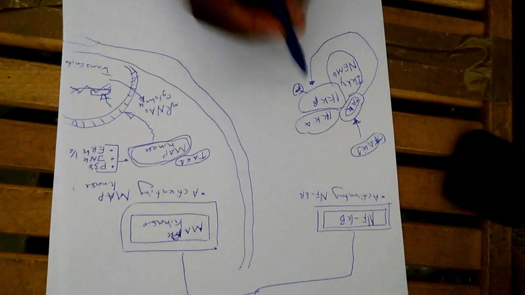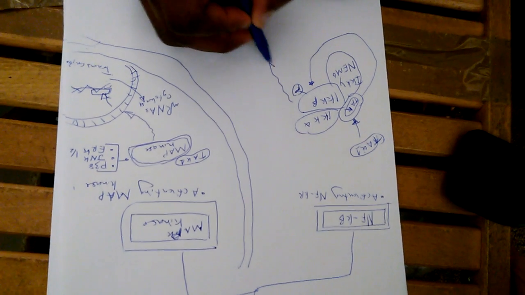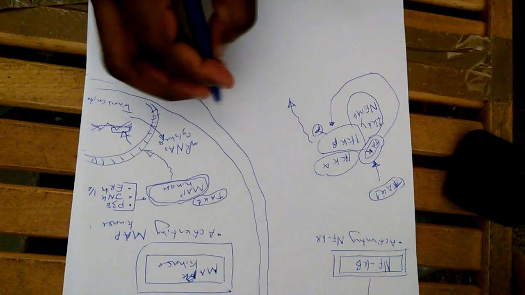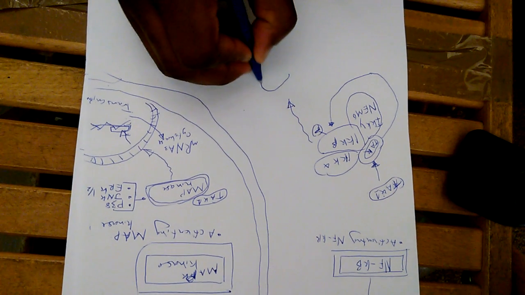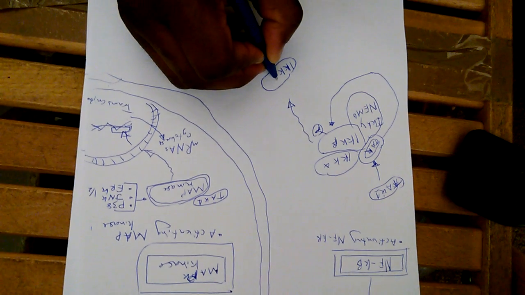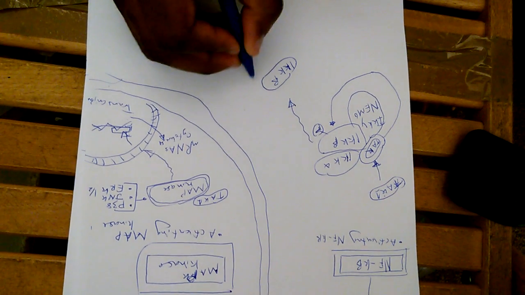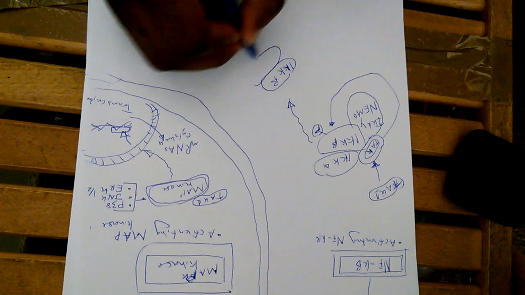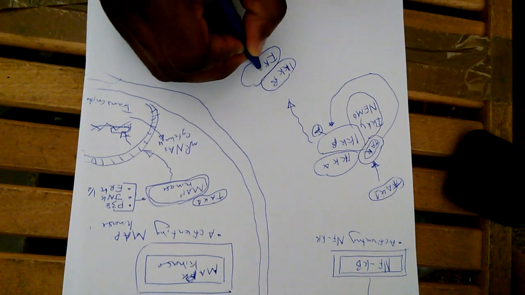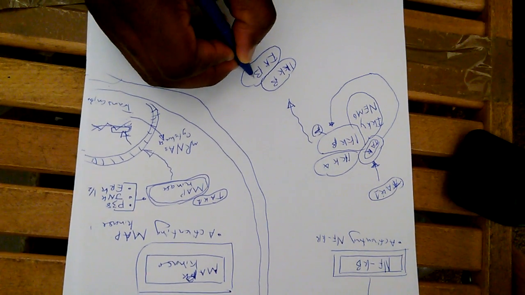So it activates IKK beta, and IKK beta goes ahead to bind something called IKB alpha.